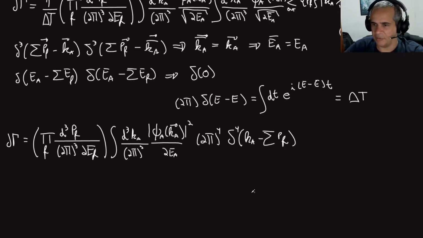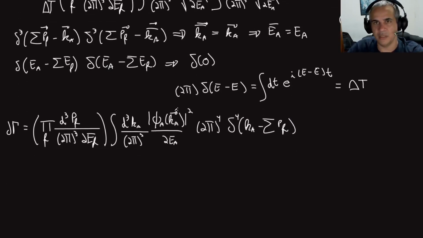Now I do the same I did before, right? I assume this state was fairly localized in momentum, that there was a well-defined momentum. That becomes a 2π³ delta, which goes away with this 2π³ and allows me to exchange Ka for Pa. I'm assuming this is the distribution with a fairly well-defined momenta, right?